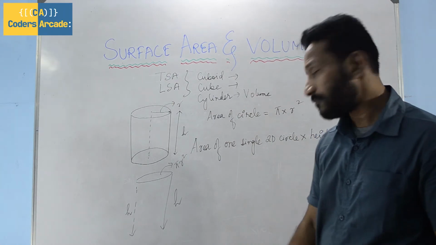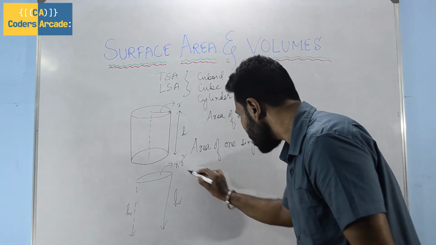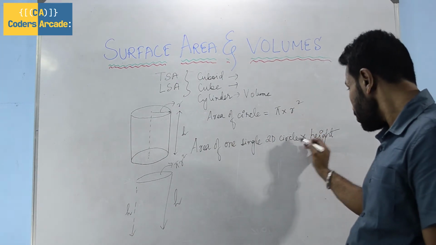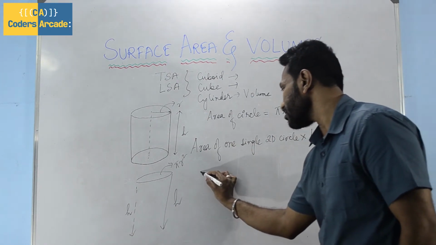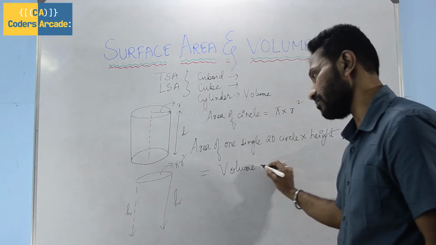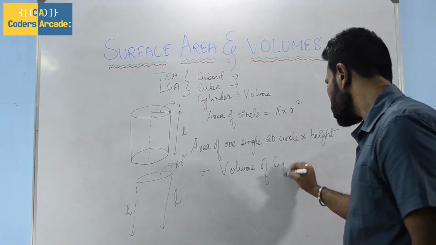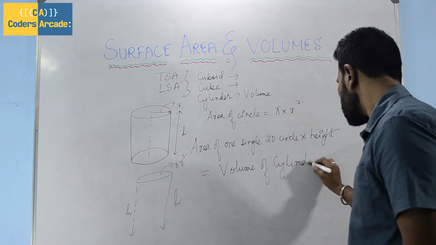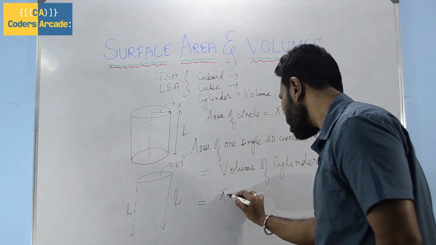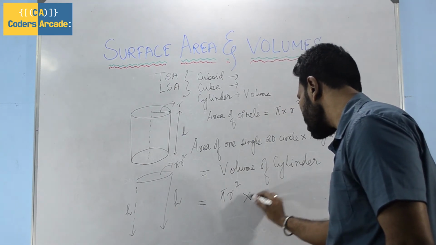Ultimately, if we multiply the area of this one single 2D circle into the height, we will get the volume of the cylinder. So this is equal to pi r square into the height.